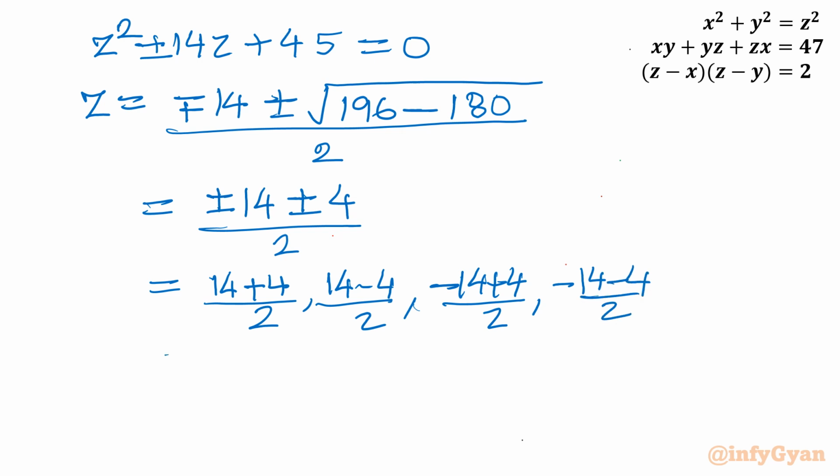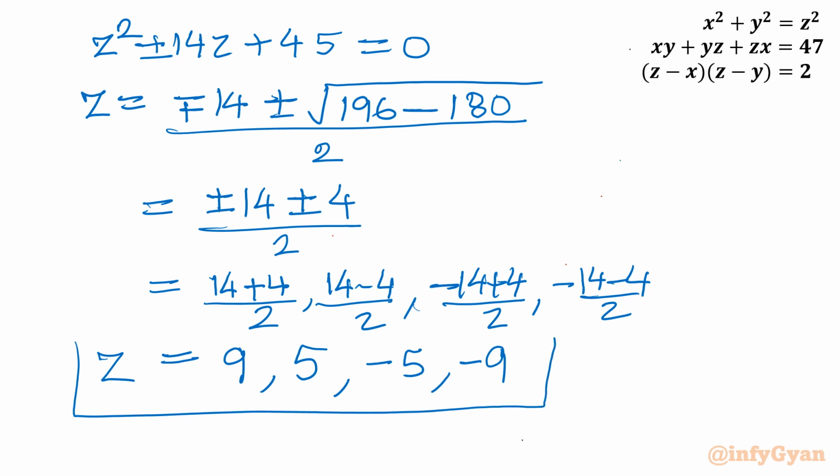If you simplify, 14 plus 4 is 18 over 2, which is 9. 14 minus 4 is 10 over 2, which is 5. Minus 14 plus 4 is minus 10 over 2, minus 5. And minus 14 minus 4 is minus 18 over 2, minus 9. So we have calculated 4 values of z. Correspondingly, we will calculate the values of x. Now I will consider xy.